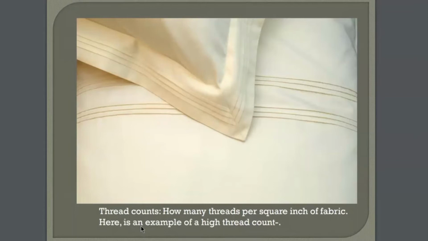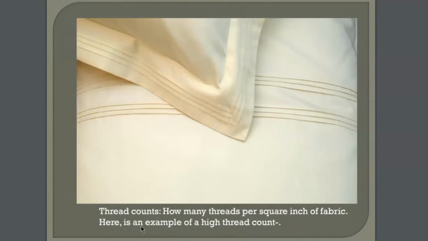Here is an example in this image of a high thread count. So think about how close and how tight all those threads are put together in a square inch. And so it becomes very tight and strong and smooth. So it really has to do with its integrity, but also how it feels against the skin.